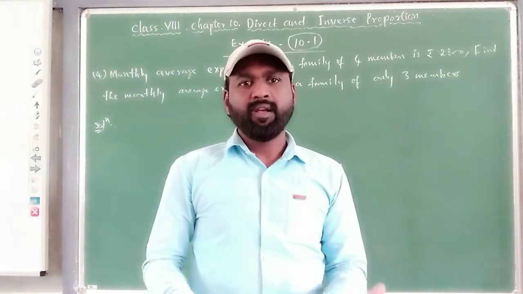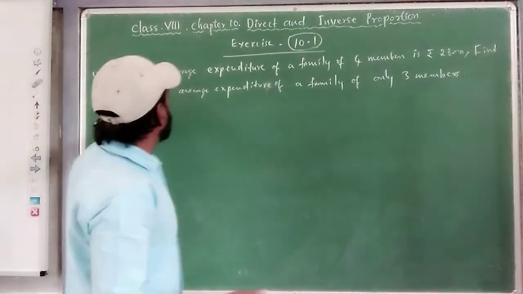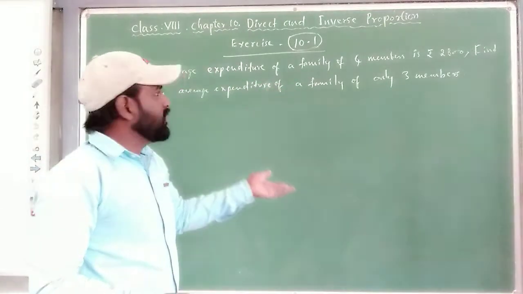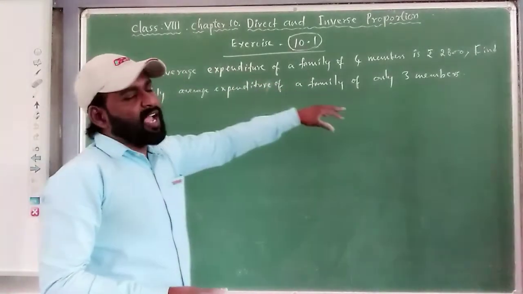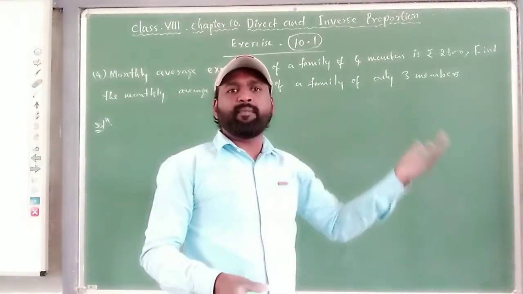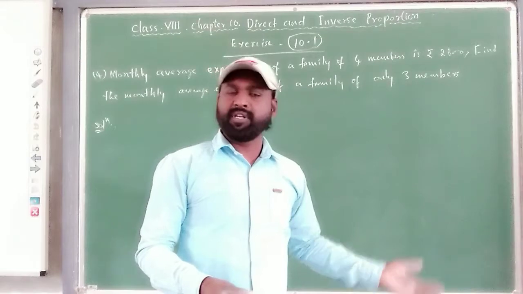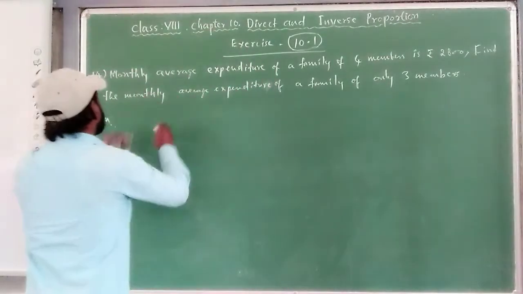This situation is called direct proportion. So write the number of members in a family using a variable x, and the expenditure of that family using the variable y. We can substitute the same as in the previous question and find it easily.